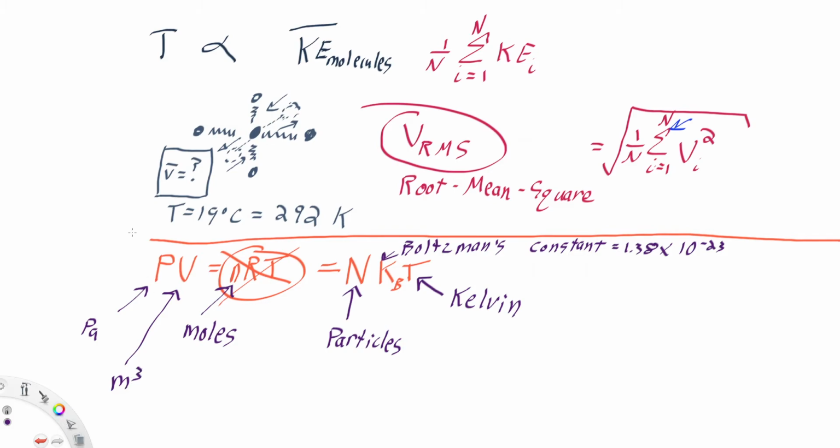No atmospheres. Also, we don't fool around with Charles's law and Boyle's law and Dalton's law. None of that. We just go straight to the ideal gas law and we get what we need from it.